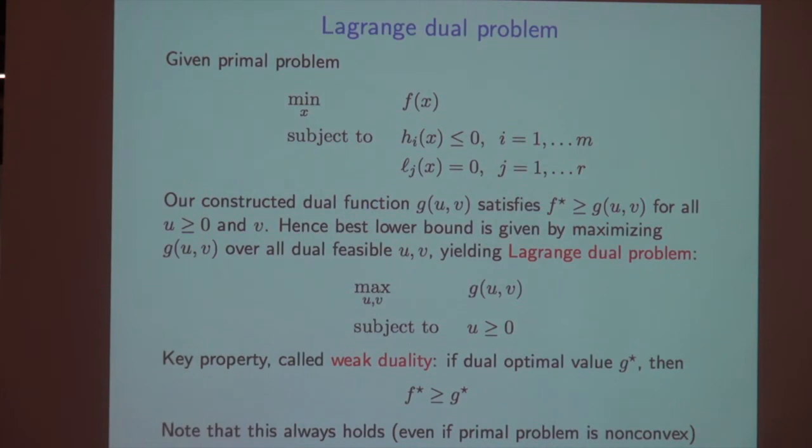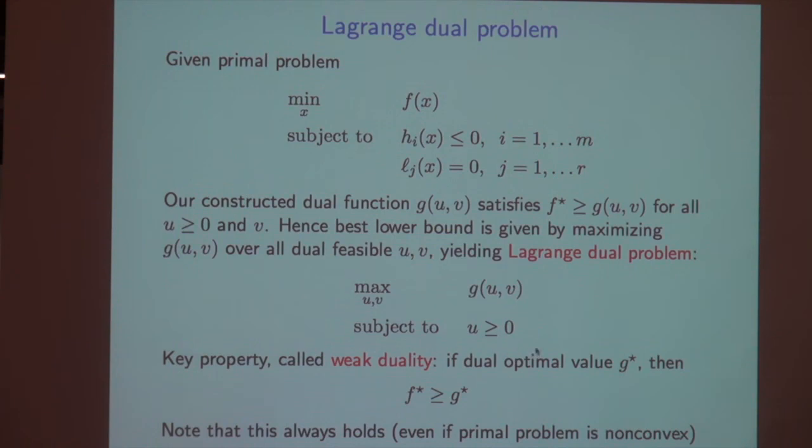Okay, so we've been going through this game in the exercises of maximizing the dual program to get the tightest lower bound. Here's formally what that looks like. Maximizing the dual function, to get the tightest lower bound, is just to take the constructed function g(u,v) and maximize it over all feasible u and v, which just means that u has to be bigger than or equal to 0.